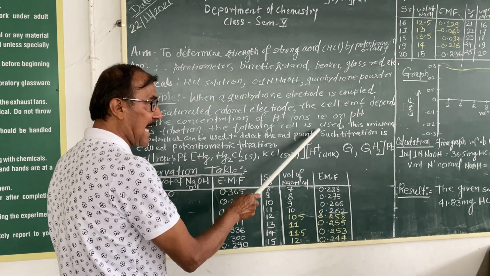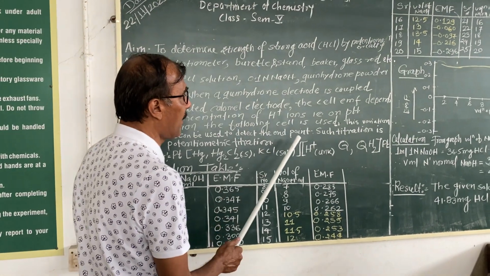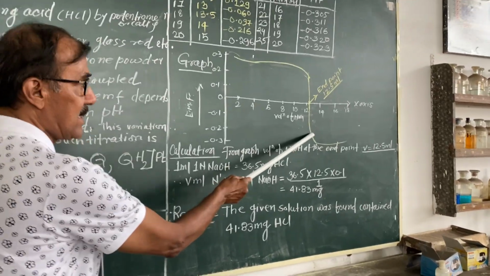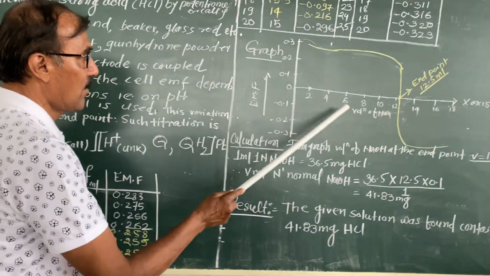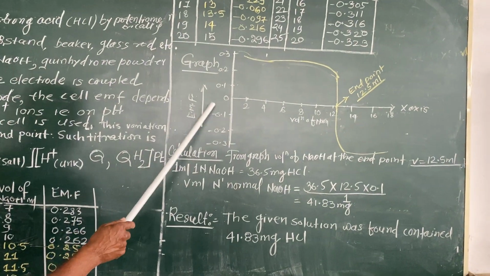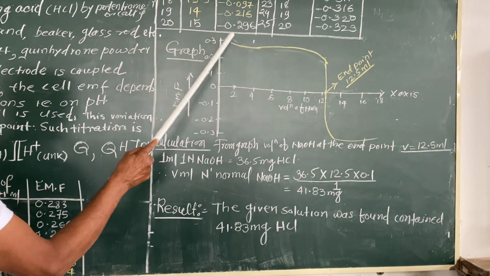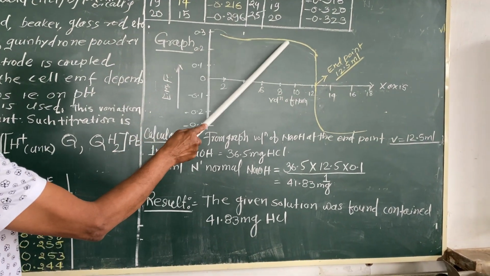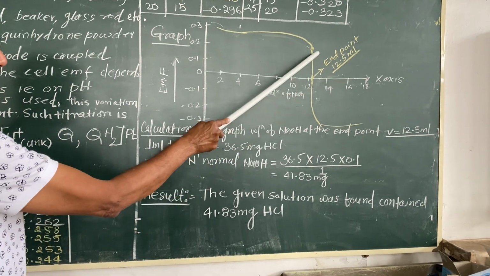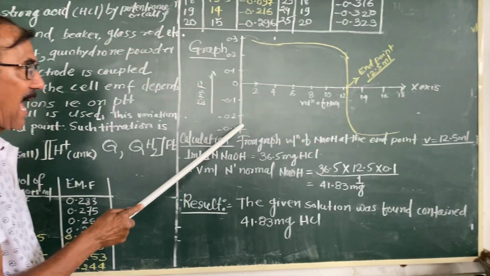This end point can be obtained by plotting the graph of EMF versus volume of NaOH. Now, if you take a strong acid against a strong base, then the graph is obtained like this, and this line is just parallel to the y-axis.